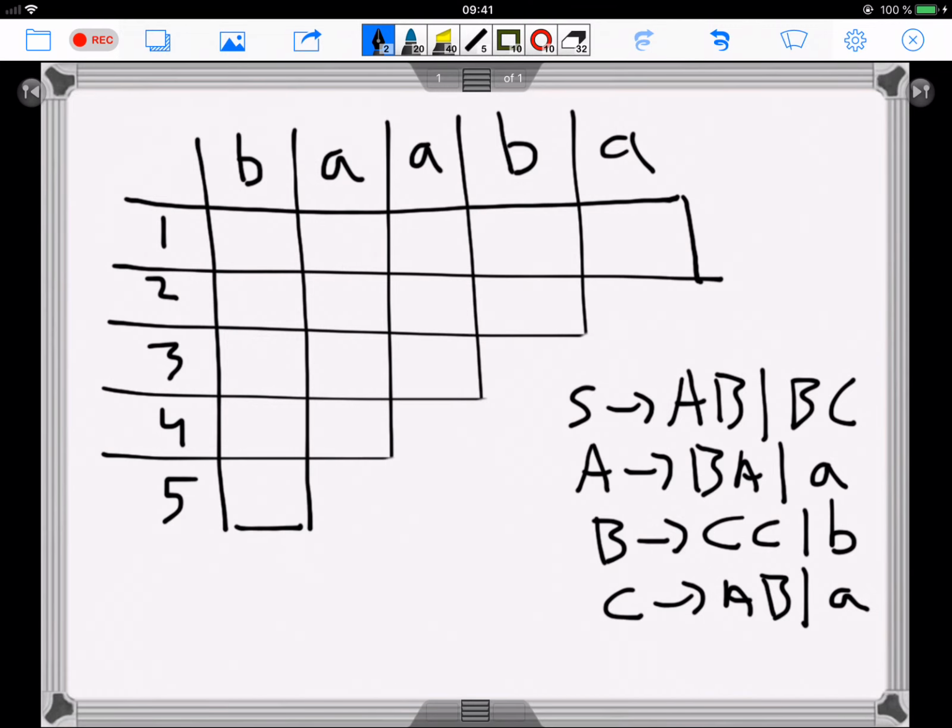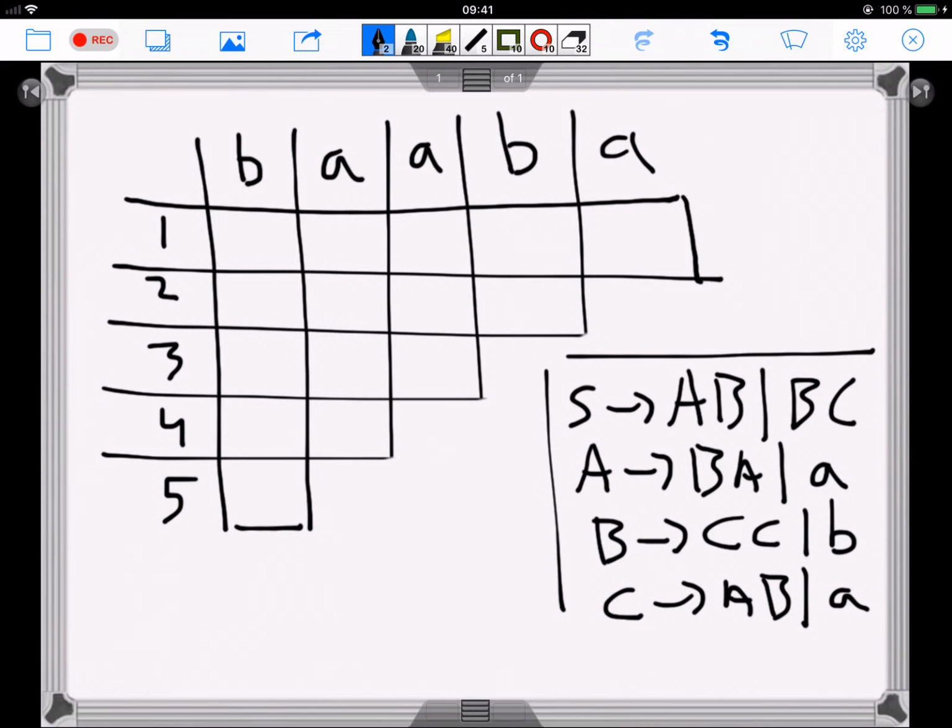Here we have the table already prepared to fill in all the different cells, and we have here the productions of the grammar, which are of course in Chomsky normal form, so we can use the CYK method.